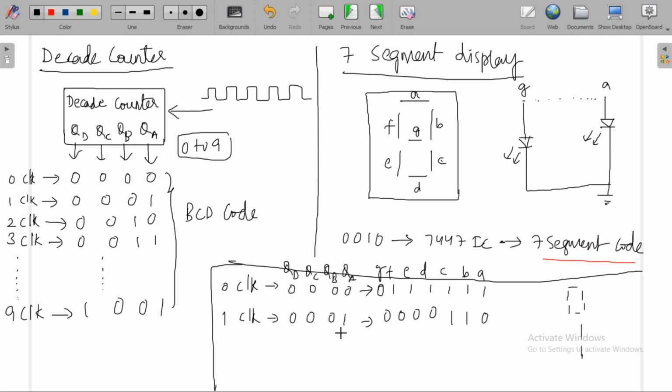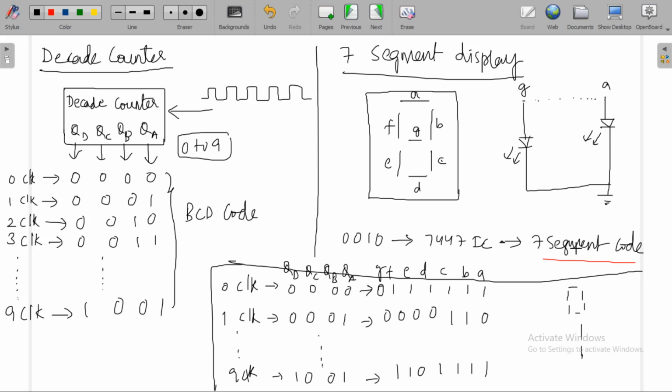Okay, displays 1. Likewise, 9 clock means 1001. For displaying 9, okay, E will get turned off. All other LEDs will glow. If this BCD code is given to this 7447 IC, then this will convert BCD code into 7 segment code.